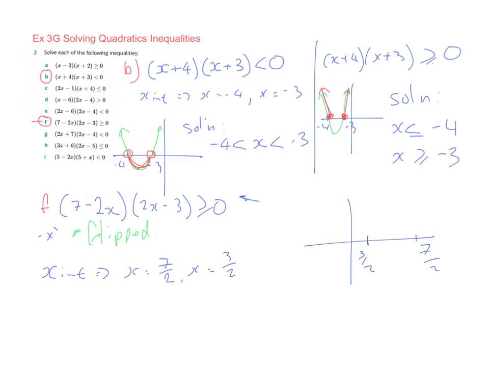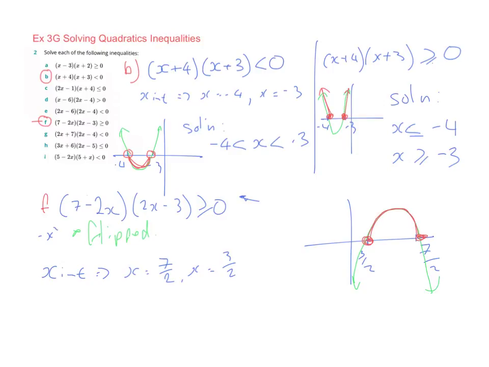Now it's a flipped graph. It's not very neat, but this is going to be greater than or equal to 0, so I want all of these values where it's going to be greater than 0. So that is this part here. And I'm going to colour in my circles because it was a greater than or equal to.